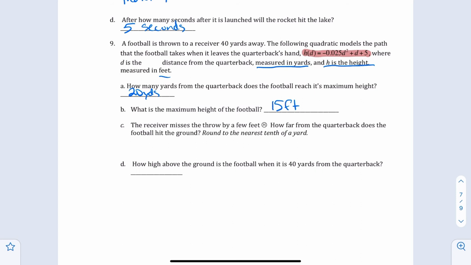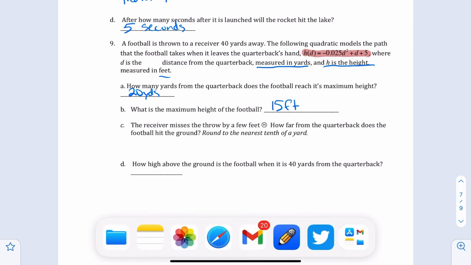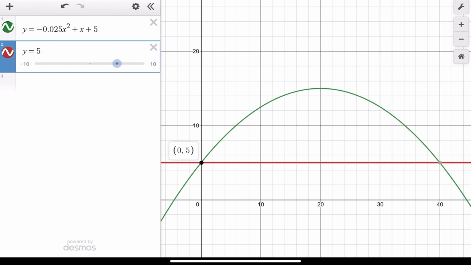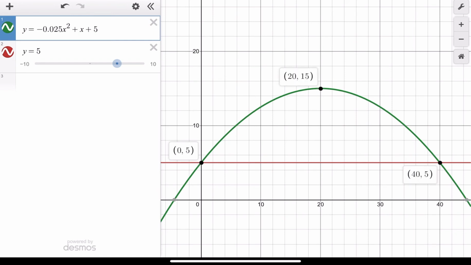Now it says that the receiver missed the throw from a few feet. So how far from the quarterback does the ball hit the ground? And so if I threw the ball from this first value of 0.5, the receiver doesn't catch it where he's supposed to, that means that my ball is going to continue and it's going to hit the ground. So if I look at my graph, I throw the ball, it follows this pattern, hits a maximum height of 15 feet, does not hit my receiver because they dropped it, and it looks like it hits the ground at 44.495.